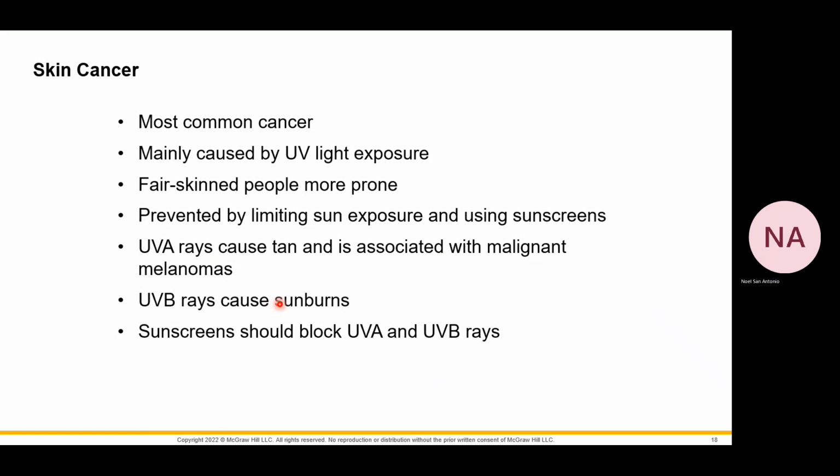The sunblocks that you should be buying should block both UVA and UVB rays, in order to ensure that you do not just prevent sunburns, but you are also protected from getting skin cancer.